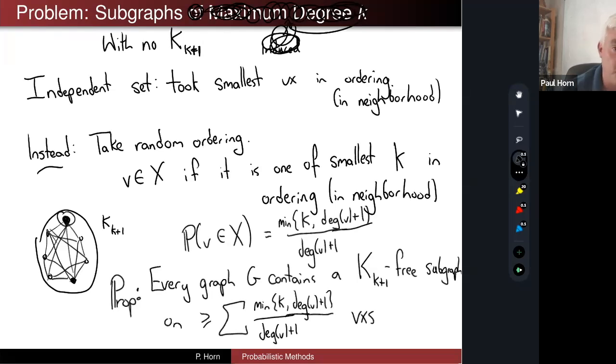The result is, of course, a little bit different, but the proof idea is exactly the same.